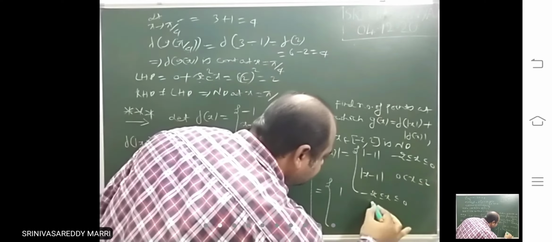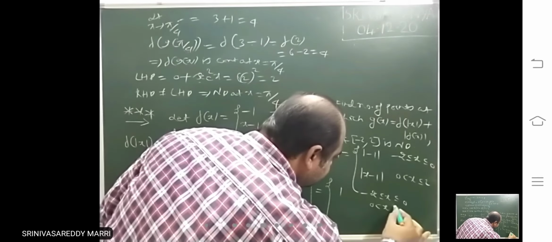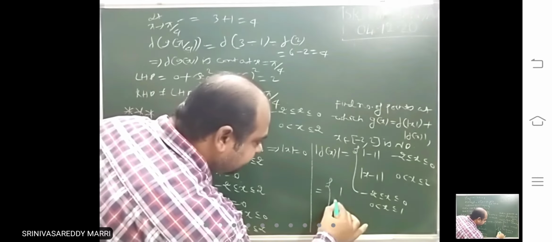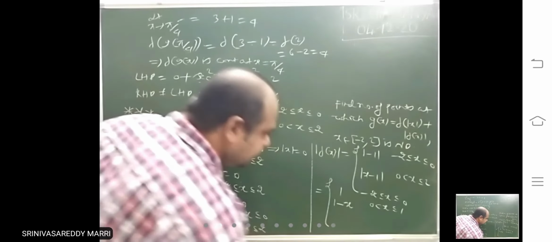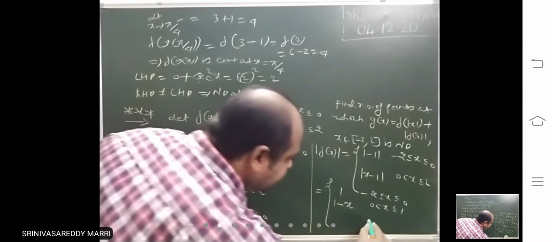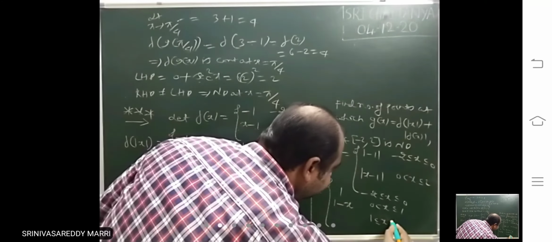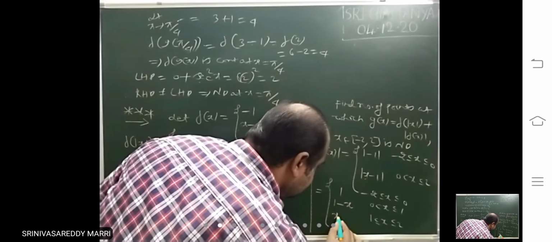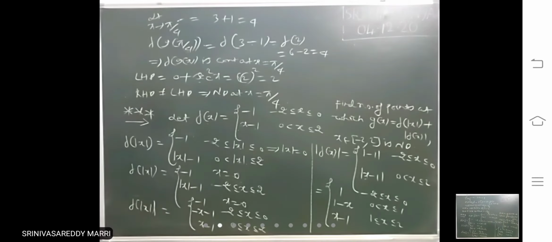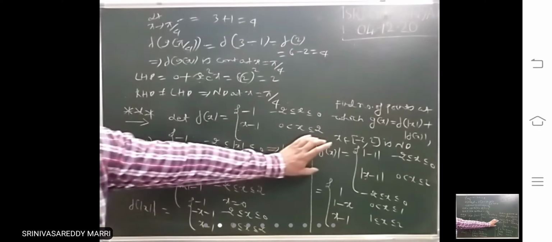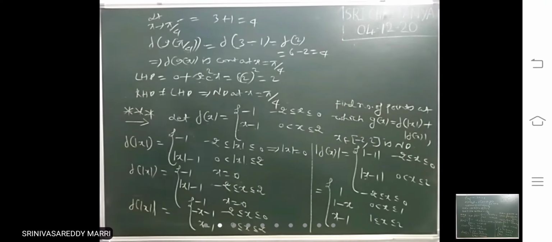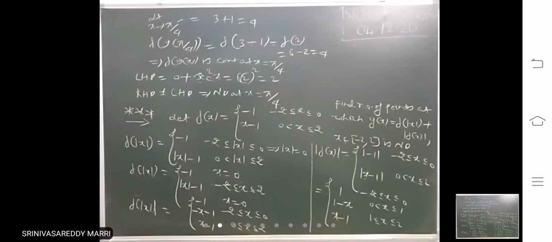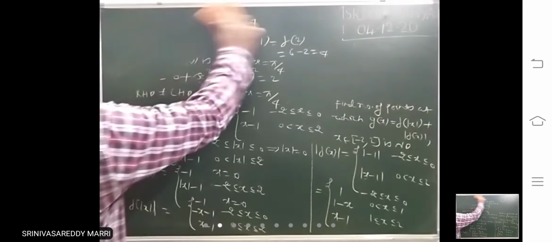That means from 0 to 1, x minus 1 will be negative, so 1 minus x is the definition. And from 1 to 2, if x is greater than 1, this will be positive: x minus 1. Now this is f of modulus x and this is modulus f of x. Now I will add these two. Look at how I will add. Concentrate, very important.